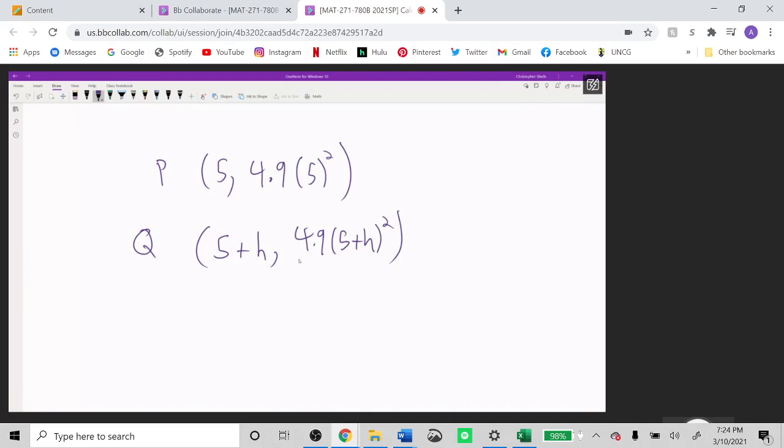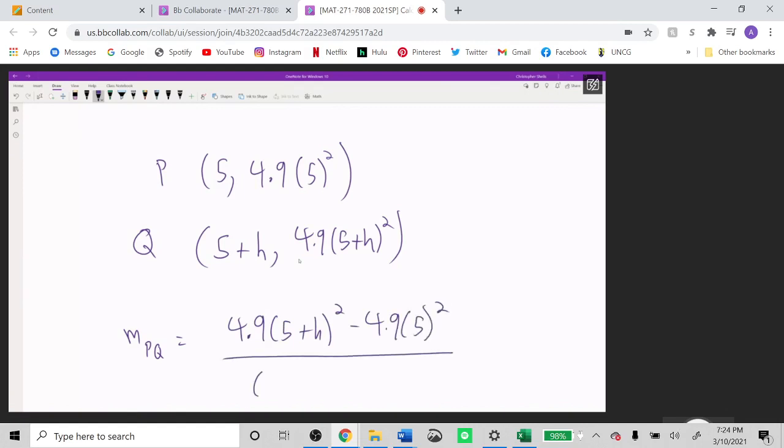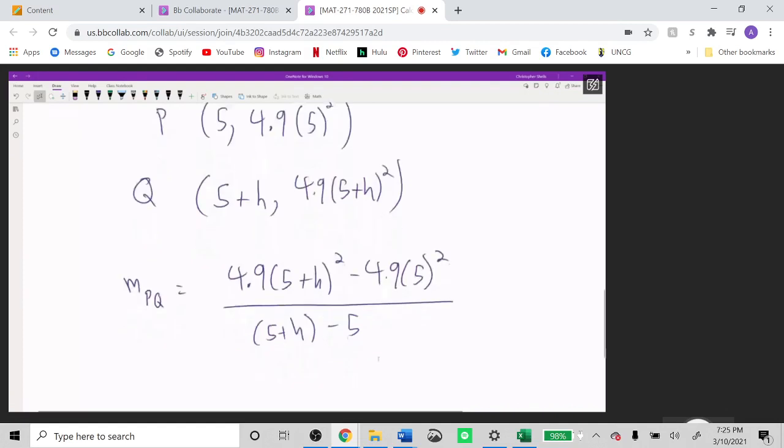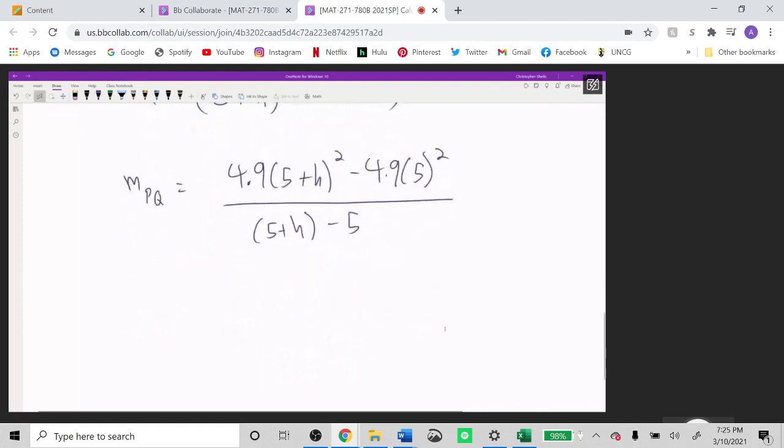So this means that the slope of this secant line, m PQ, would be 4.9 times 5 plus h squared minus 4.9 times 5 squared all over 5 plus h minus 5. Notice that the bottom simplifies here to just h.